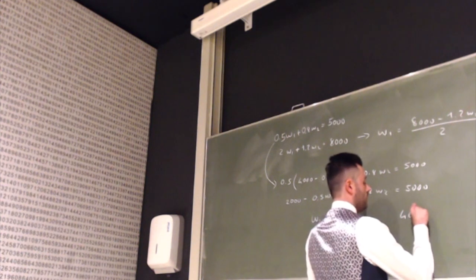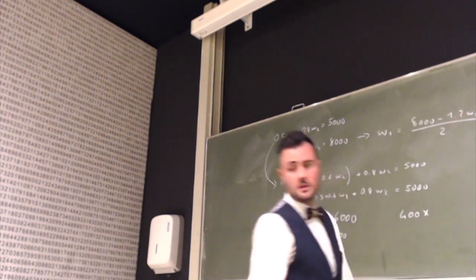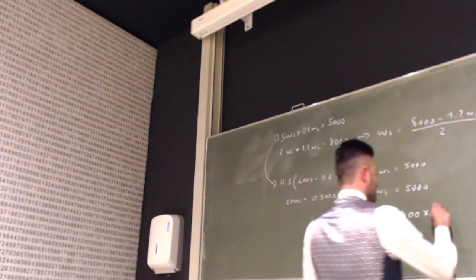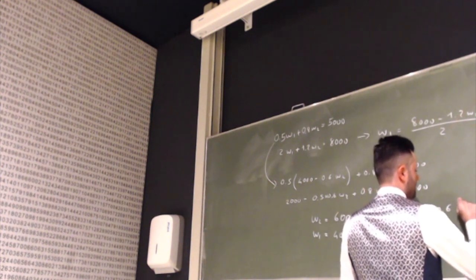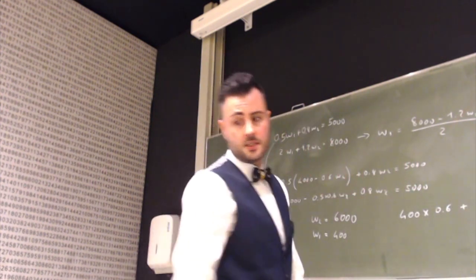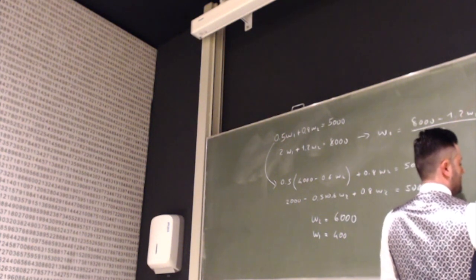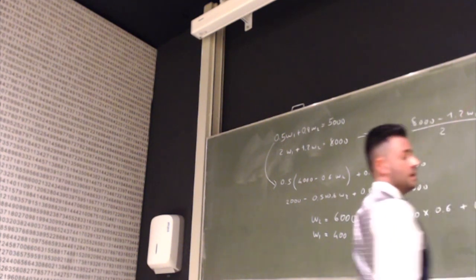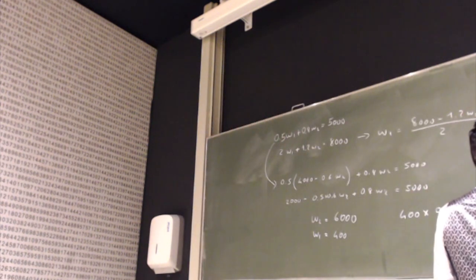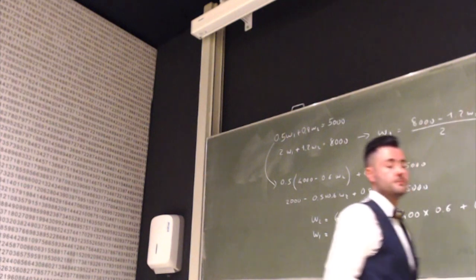It will be 400 times the value of the delta, 0.6, plus 6,000 times 0.5. And this quantity here is equal to 3,240.